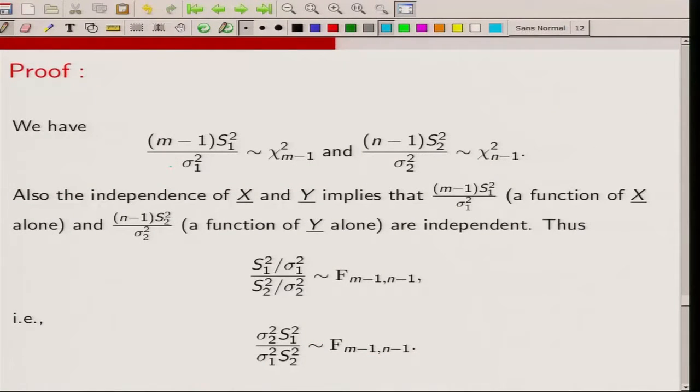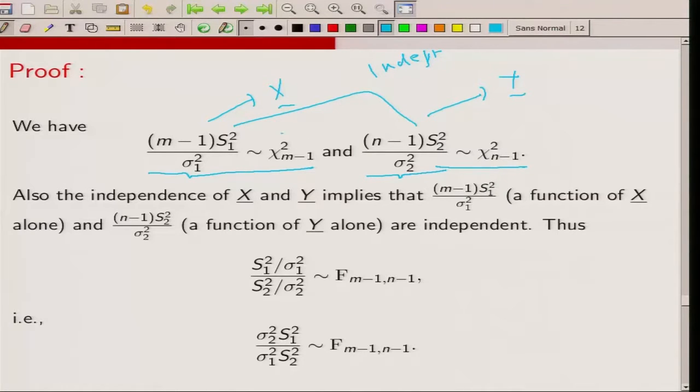Clearly the first sample is based on m, so m minus 1 s1 square by sigma 1 square is chi square on m minus 1. The second sample is based on n, so n minus 1 s2 square by sigma 2 square is chi square on n minus 1. Also, since this is based on x and this is based on y, and the two samples are independent, these two quantities would be independent.